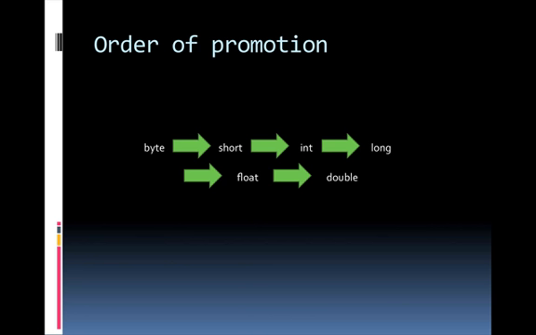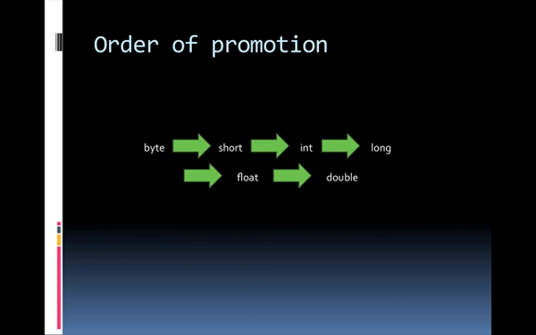The order of promotion. The unifying type principle is this idea that we will elevate the lower items in the equation to the same data type as the highest item in the equation. That means if I'm adding a byte and an int together, you'll notice byte is at the very beginning and int is in the middle, int is the higher value, so that byte will be converted to an int and we'll add an integer and an integer.